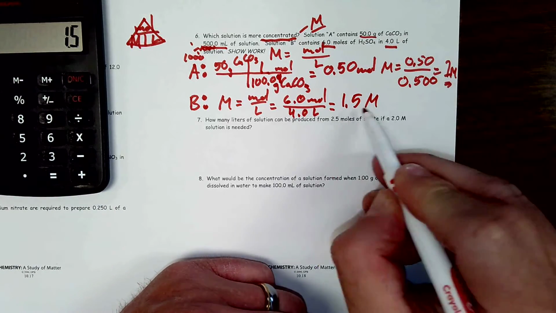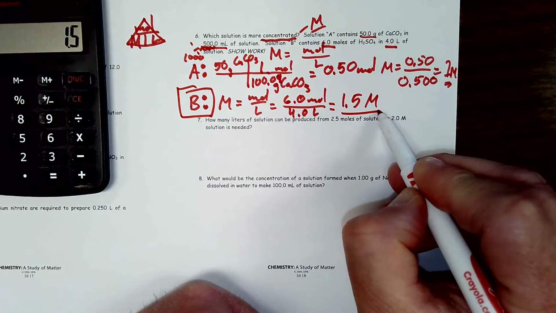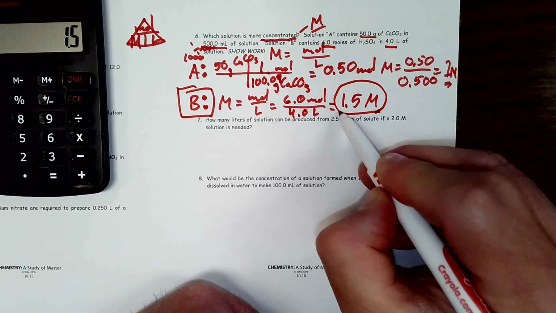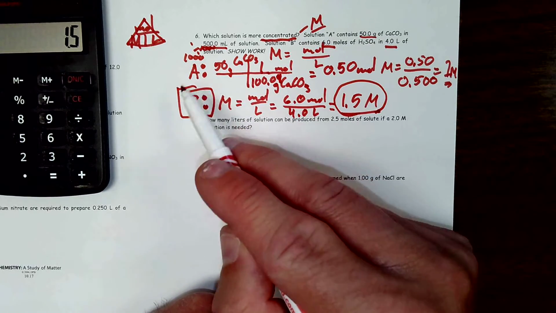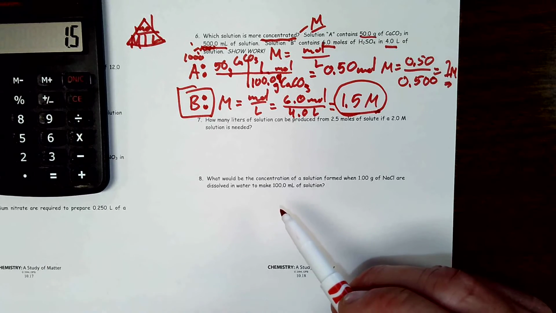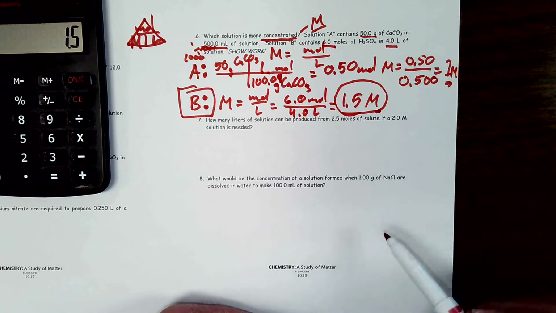So the more concentrated of the two is B, since it's a higher number than A. I'm going to circle the concentration, but underline or box B, because B is my more concentrated solution. So the answer is B.